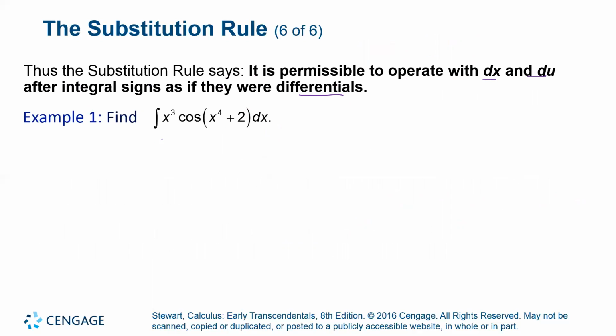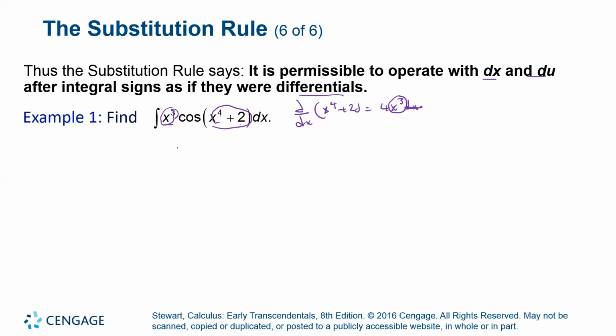Now I have this function: x cubed, that's my integrand, times cosine of x to the 4 plus 2. This is a composite function. If I differentiate x to the 4 plus 2, I get 4x cubed dx, and this x cubed part is right there.